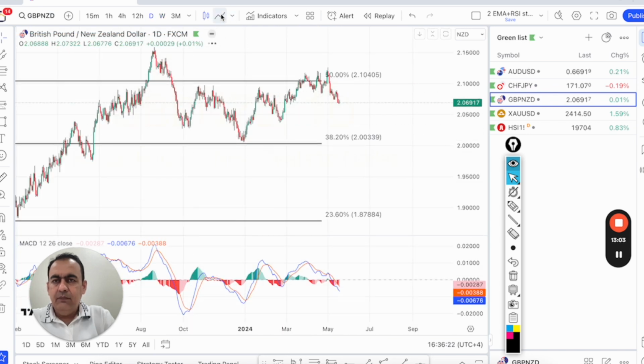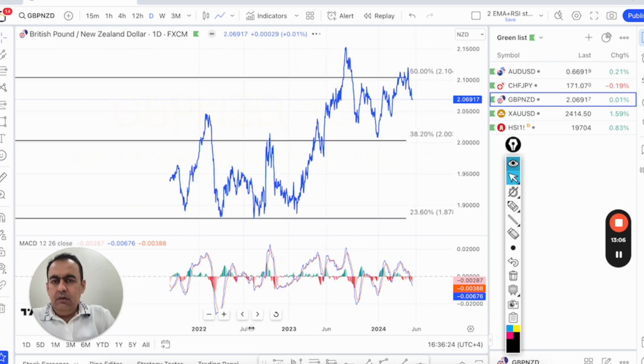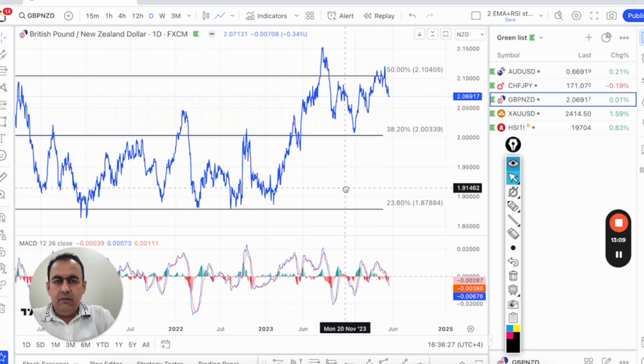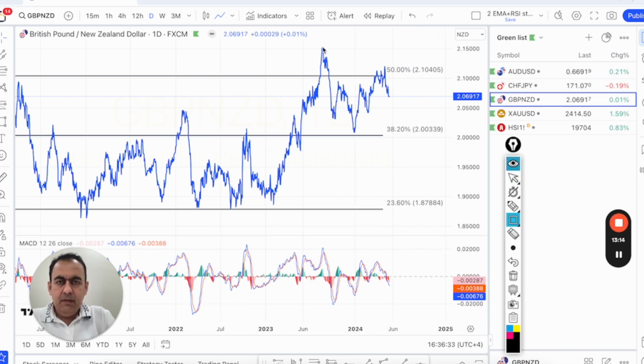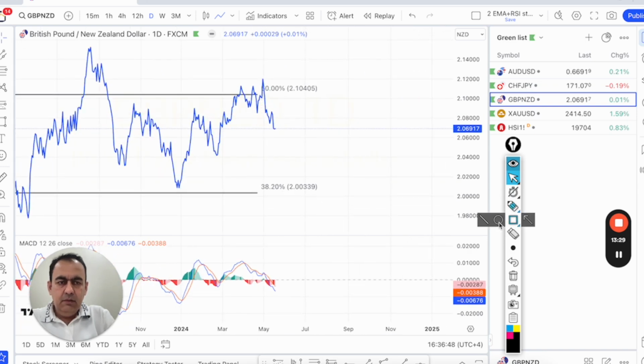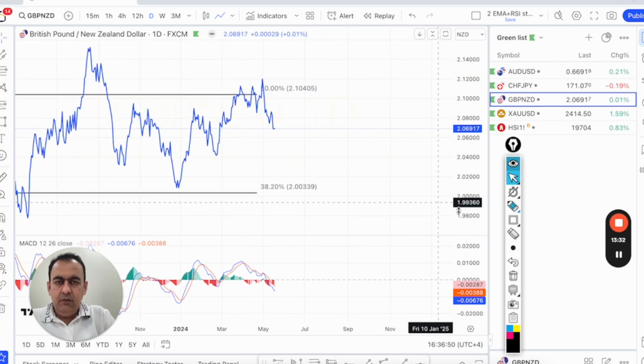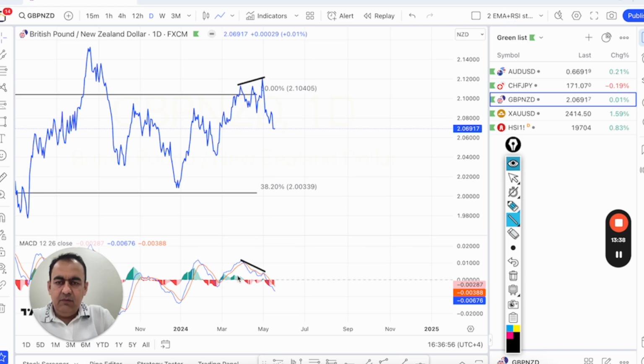Let's move to daily now. Based on the daily chart, after getting a high and lower high, the buyers could not create a higher high here, and I can also see that if I zoom in and compare the highs here, we have a higher high formation with bearish divergence on the MACD lines and histogram, and the sellers have completed the BS formation.